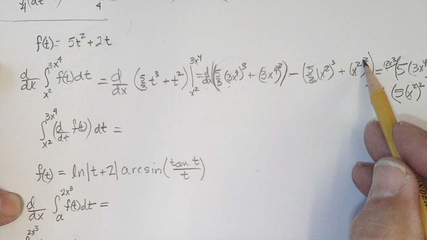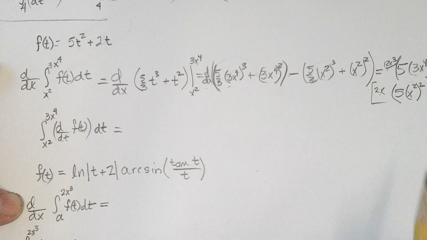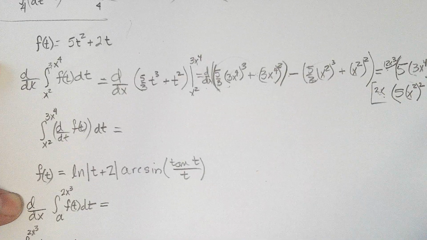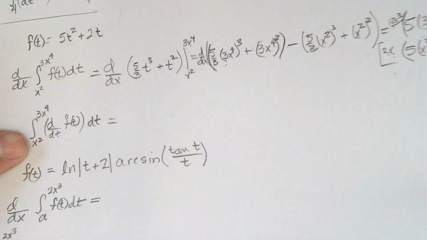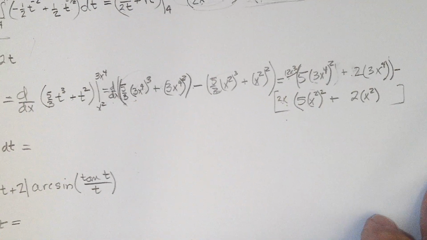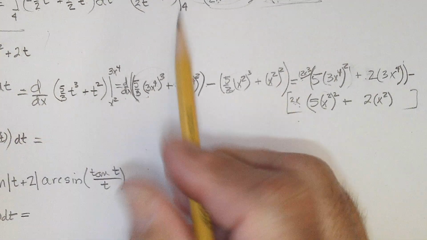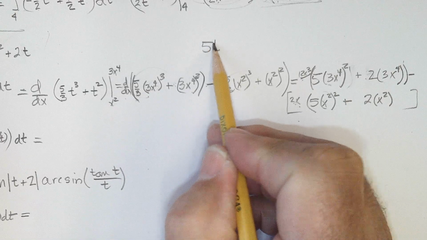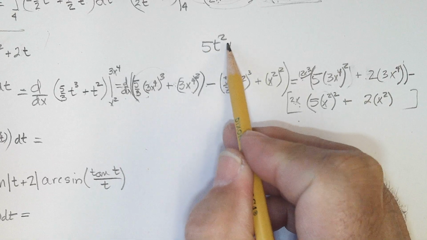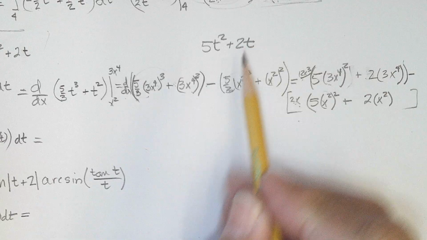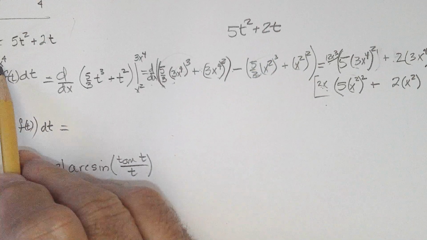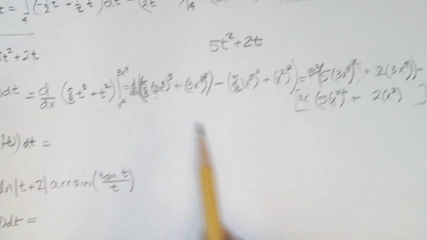Now, I know I could have called this x to the fourth and did 4x, but I want to leave this out because the chain rule is saying I have to do the derivative of the inside. So I want you to see what we got, and you couldn't see because I'm off the paper. My original function was 5t squared plus 2t, and I was going from x squared to 3x to the fourth.